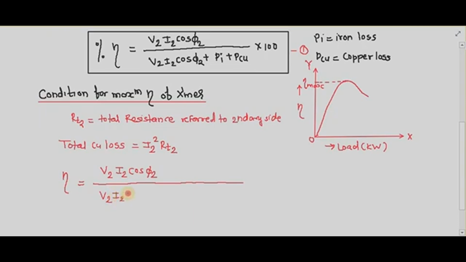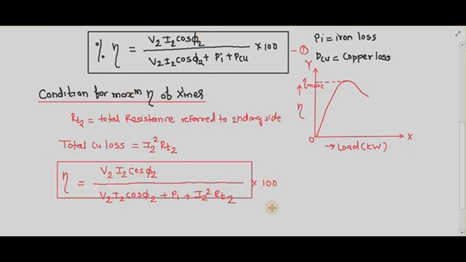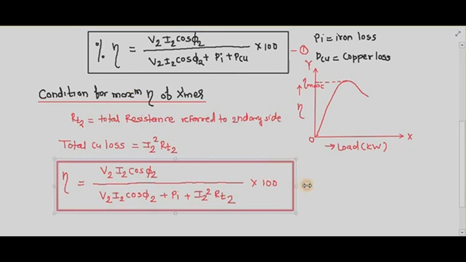So this is V2 I2 cos phi2 plus Pi plus the total copper loss, I2 square RT2, into 100. Let us take this as equation number 2.